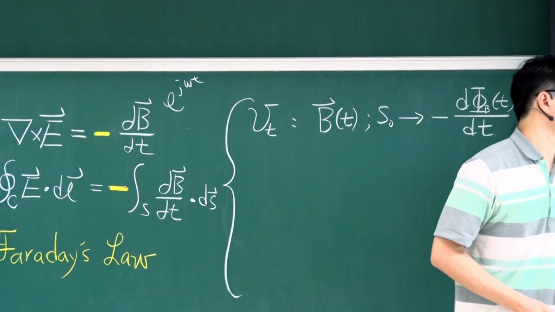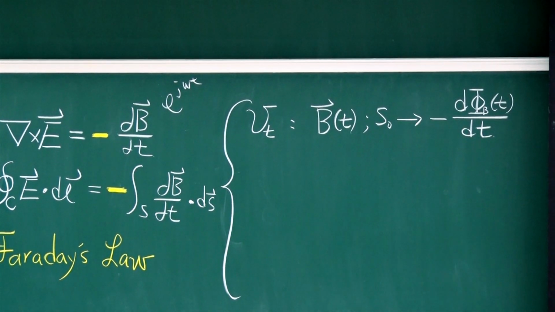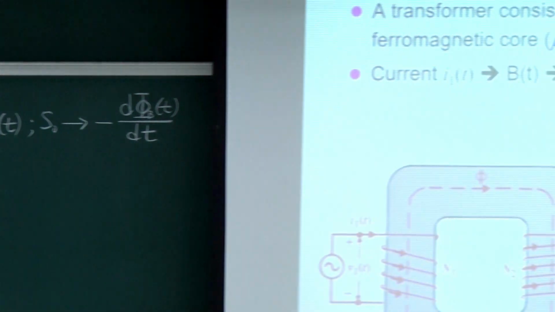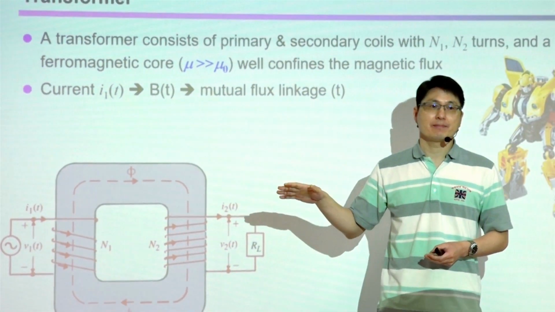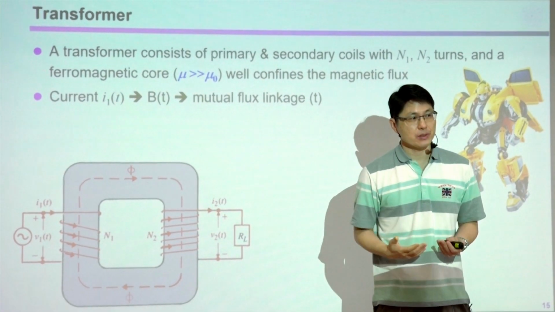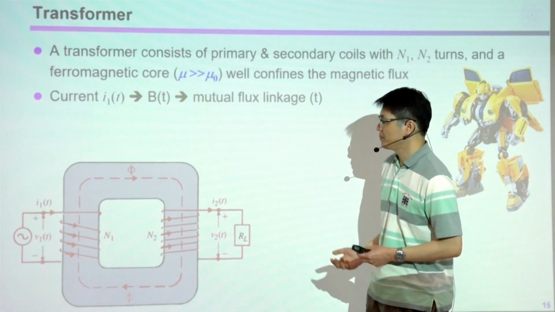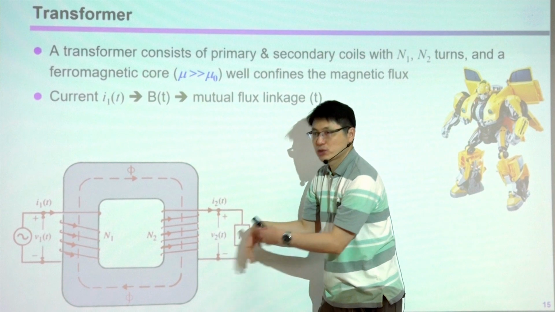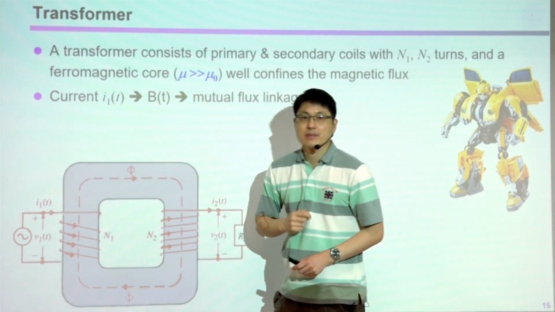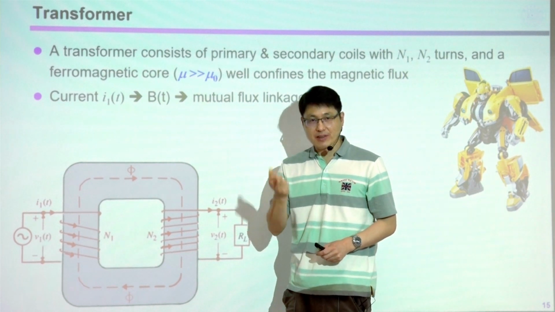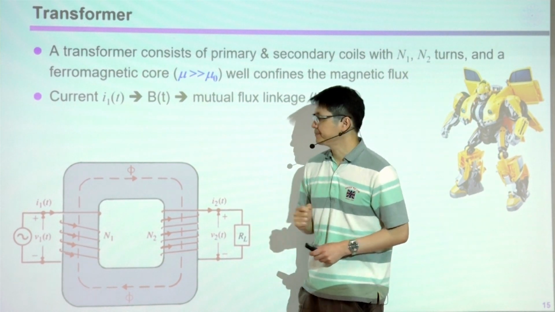Okay? Now, having this picture, we understand why this particular type of EMF is called transformer EMF, because you want this device to remain stationary. You only change its phi, the magnetic flux, right?